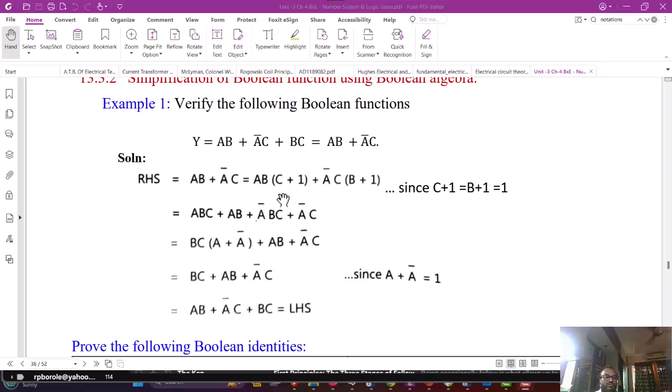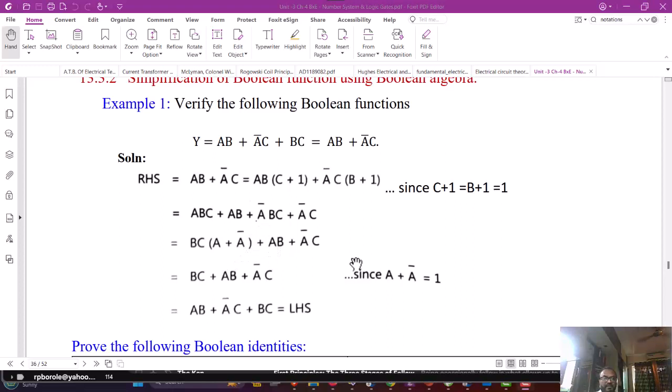Now use the distributive law. Here we get the product ABC or AB or A bar BC or A bar C. Now from the first and third term, make BC common. In the bracket you are getting A from the first term and A bar from the third term.